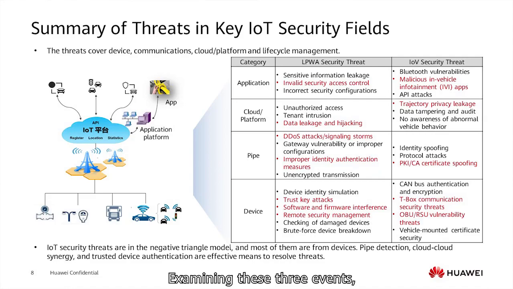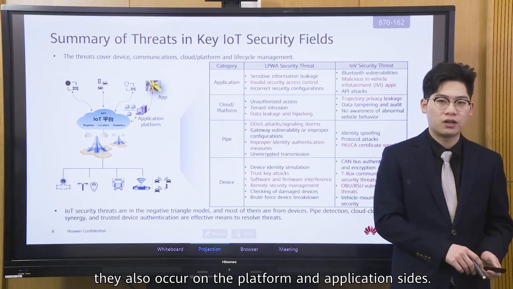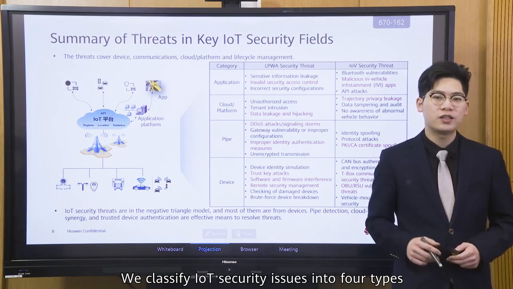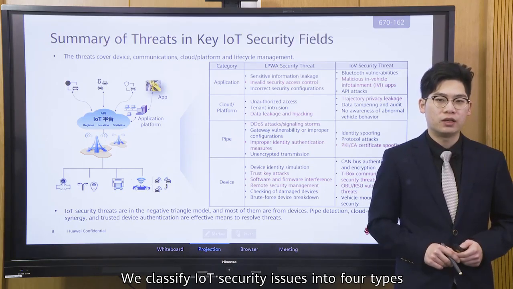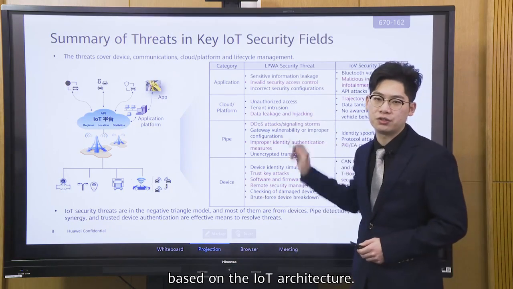Examining these three events, we can see that IoT security issues often occur on the device and network sides. Actually, they also occur on the platform and application sides. We classify IoT security issues into 4 types based on the IoT architecture.